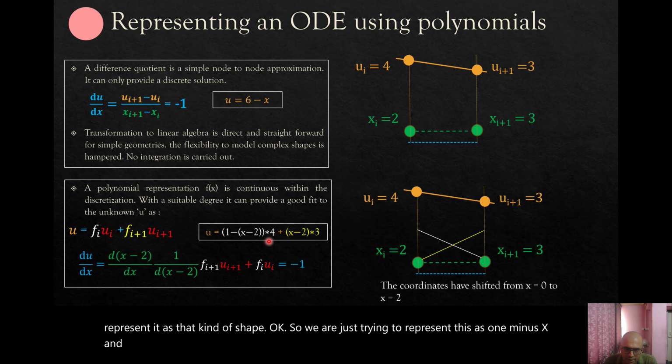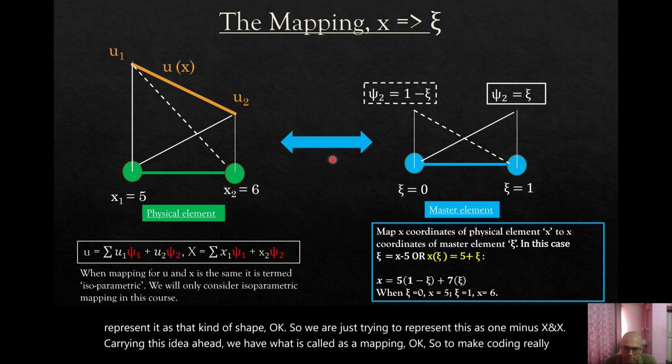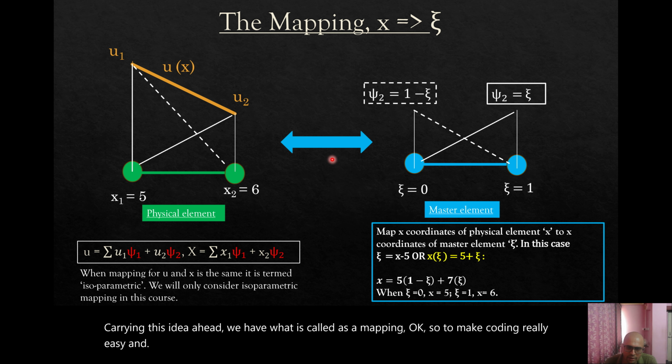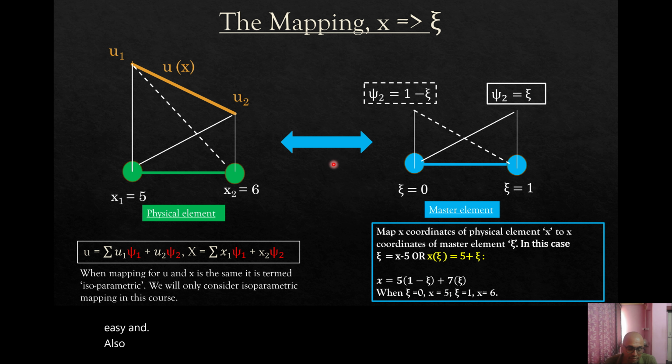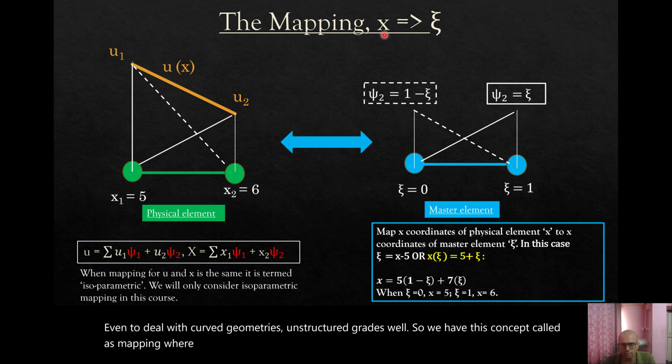Carrying this idea ahead, we have what is called a mapping. Okay, so to make coding really easy and also to deal with curved geometries and unstructured grids well, we have this concept called mapping, where we map the physical element to a master element.